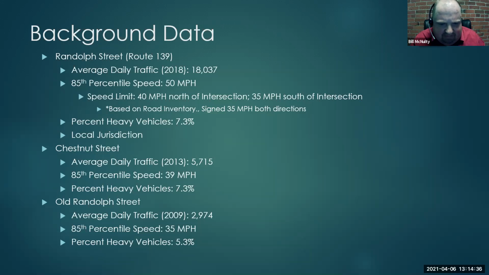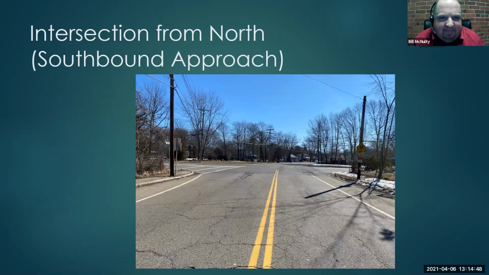Then on Old Randolph, volume is a little bit lower, just shy of 3,000. The 85th percentile speed on that roadway is 35 miles per hour, and percent of heavy vehicles just over 5.